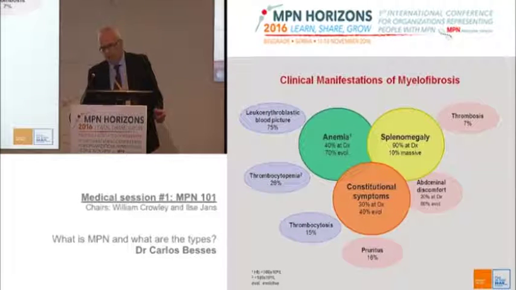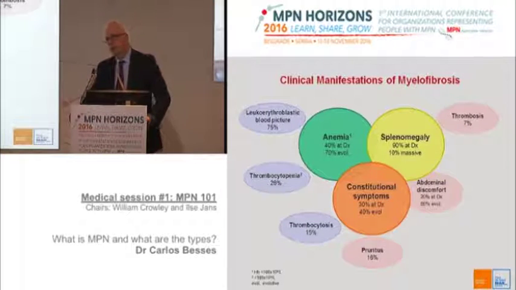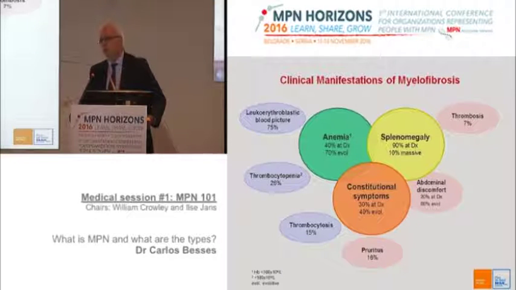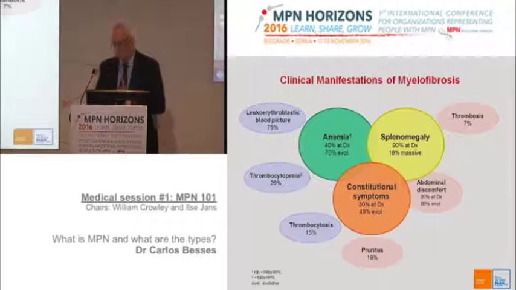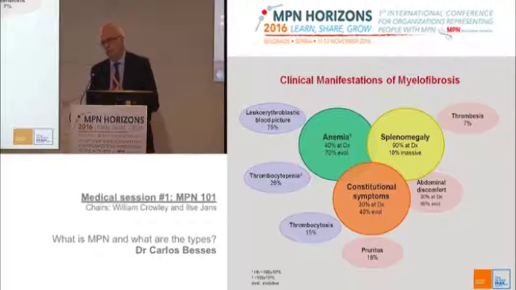The clinical manifestations of myelofibrosis are quite different from ET and PV. They are focused mainly on anemia. 40% of all PMF patients present anemia at the moment of diagnosis. Splenomegaly is really a very frequent feature of the disease. 90% of patients with PMF present splenomegaly at diagnosis. And also at least 1/3 present what we call constitutional symptoms.